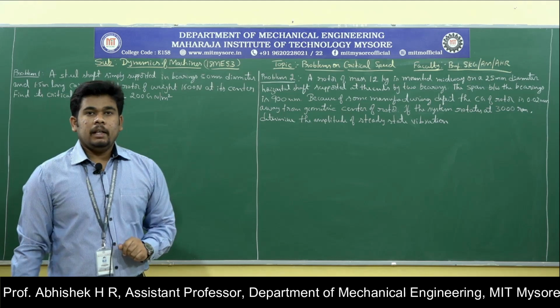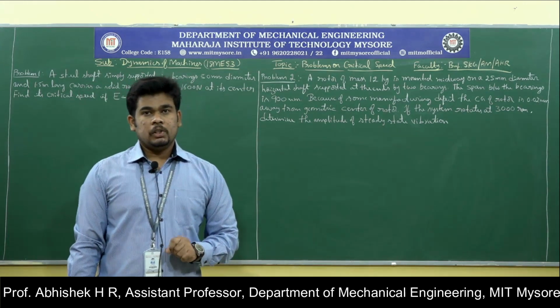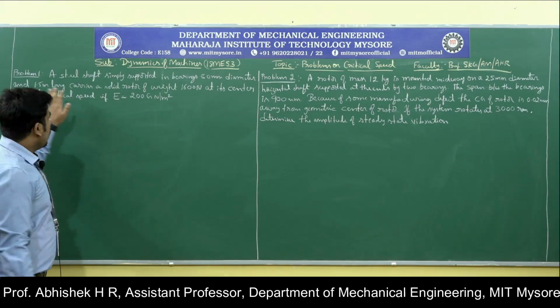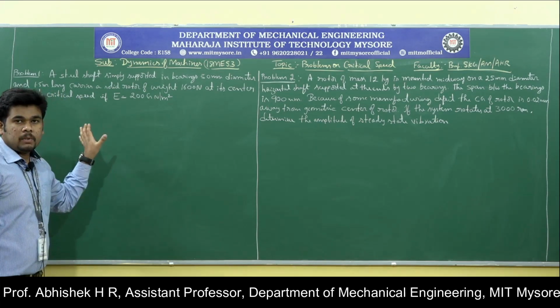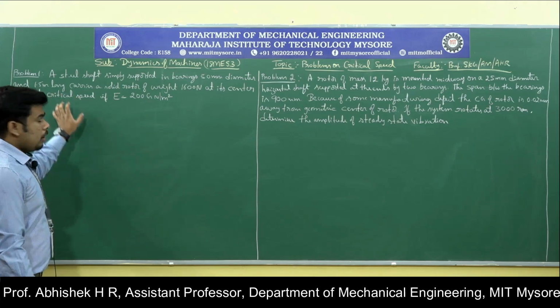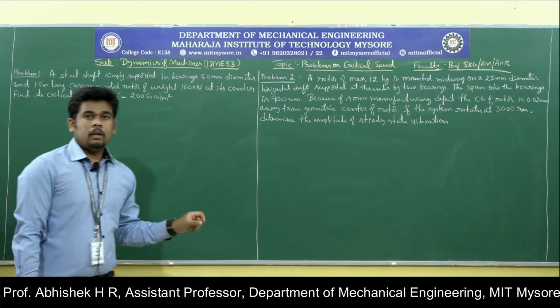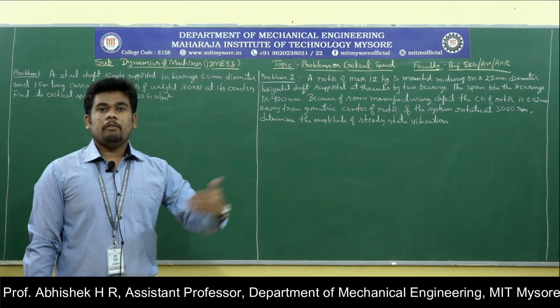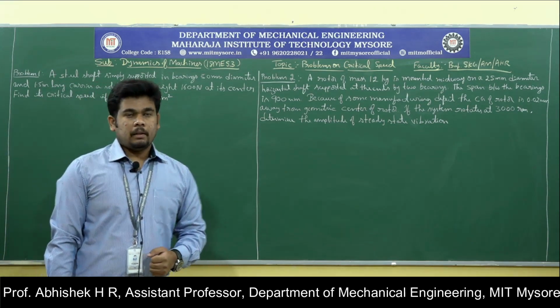Here we are going to find the critical speed of the shaft. As you all know, we should first read the problem statement carefully, because from the problem statement we always get some hint or some data so that we can find out the required parameter.